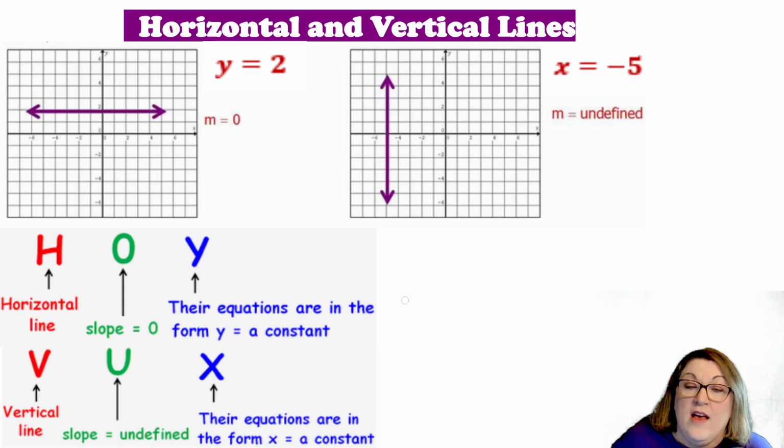There is no y. So this is how you can quickly tell, if somebody gives you some equations and it's missing either the x or y, you know it's either a horizontal or a vertical. The y is what's in the horizontal, and the x is what's in the vertical. That's how you can tell which one's vertical, which one's horizontal. And all of the x values are the same in every point on this line. And in this case, it's -5.